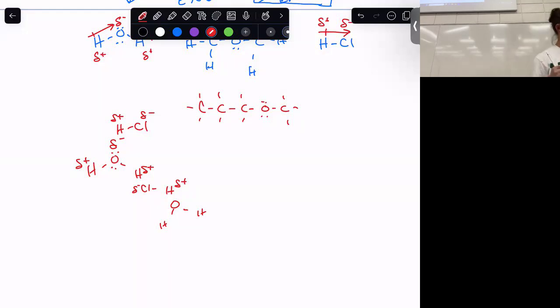You're saying that there's only a dipole. Yes. But if you were just to look at the H2O, then you would have the hydrogen bond, because they can hydrogen bond with itself. Does this make sense how this gets lined up when you have two compounds together?